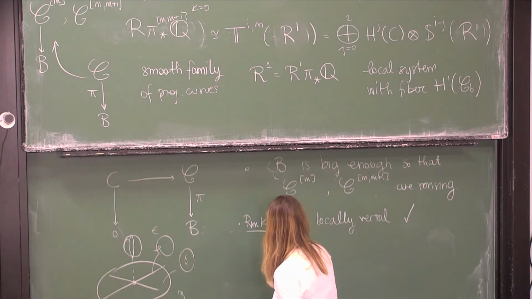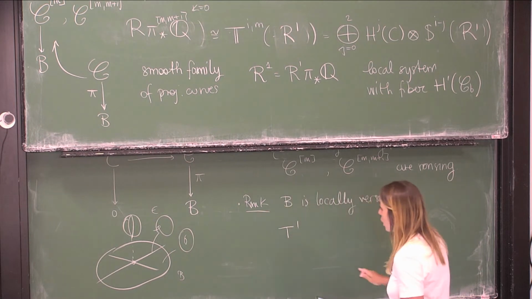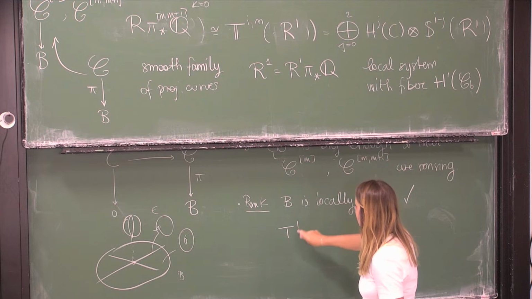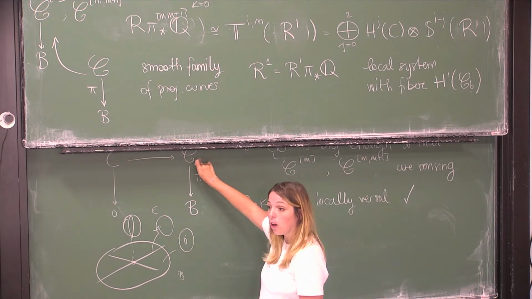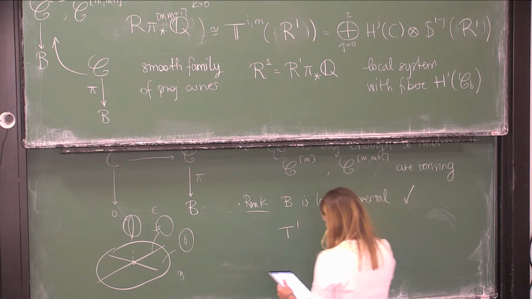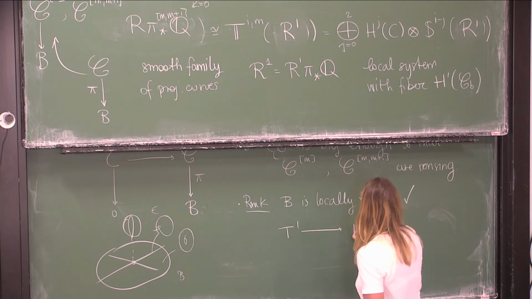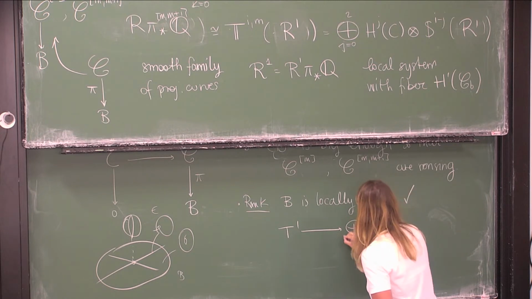The right condition is the following. You look at your space T1 of first order deformations of your curve, and you will have a map to the sum of the local T1 at the singularities.